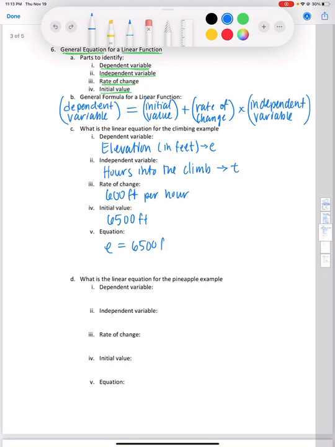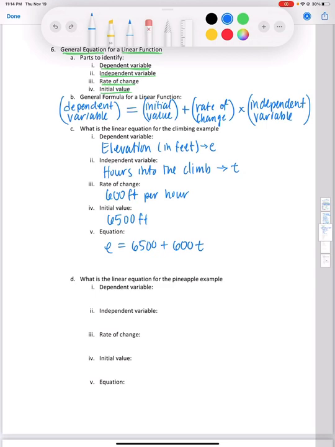I'm going to kind of lose the units here for a little bit, times time, the independent variable. Okay. So just the math equation without the context is E equals 6,500 plus 600t. And we've explained our context up here. Okay, so that's good.